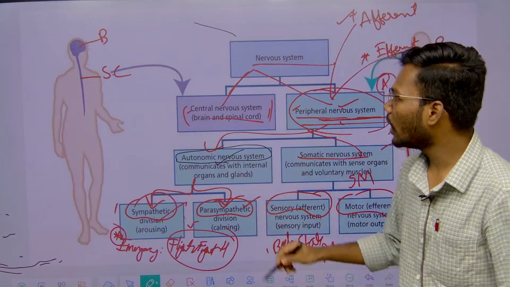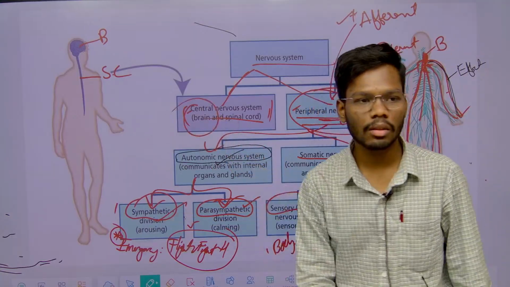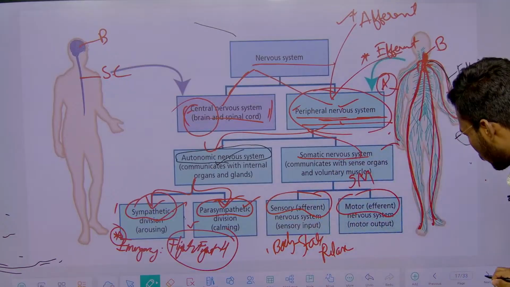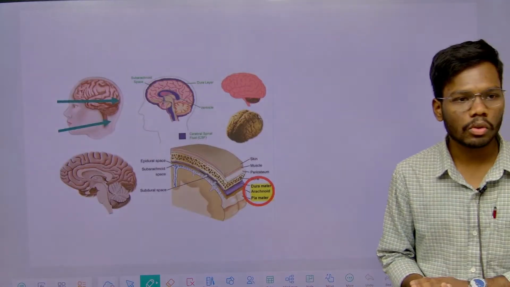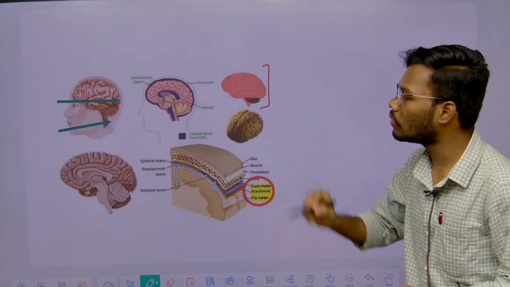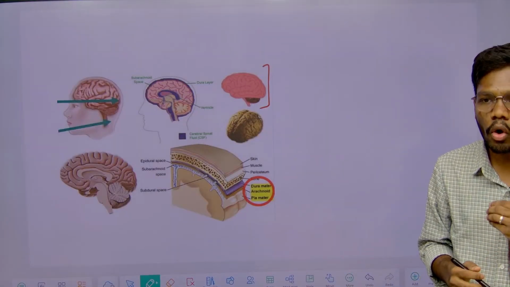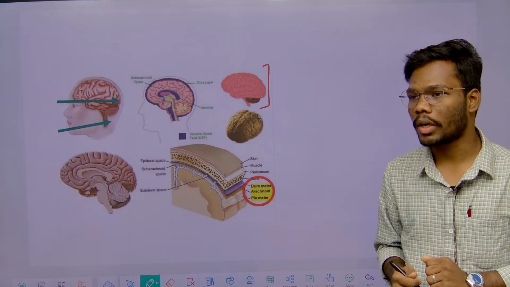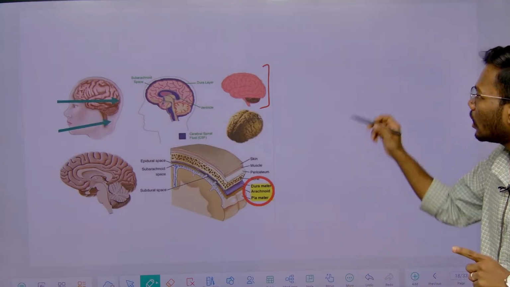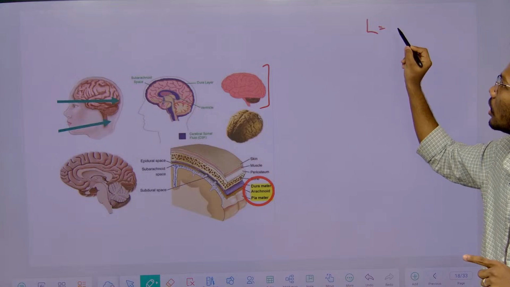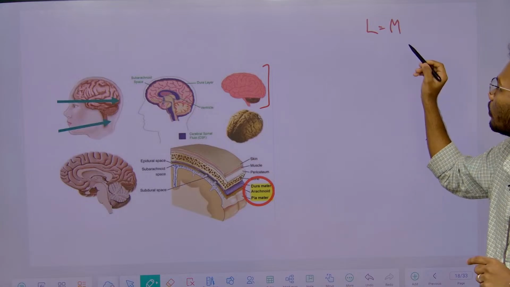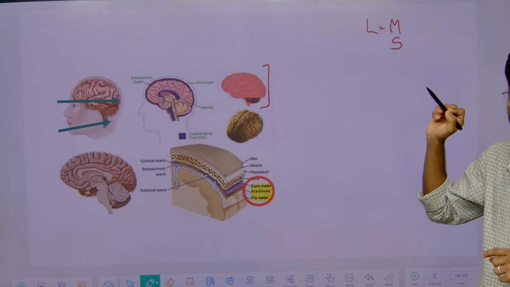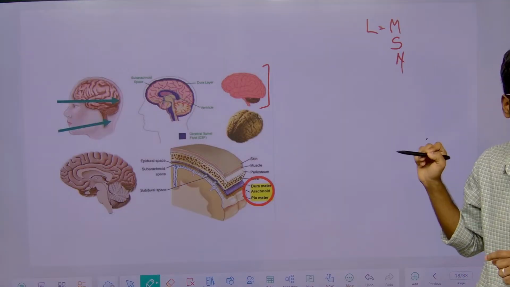In this, we have to learn about the brain, right? Now we'll see about the brain. The brain is the one which is very important, which is coordinating and controlling all the movements of our body. We already discussed locomotion: the muscular activity, the skeletal activity, and the neural activity.